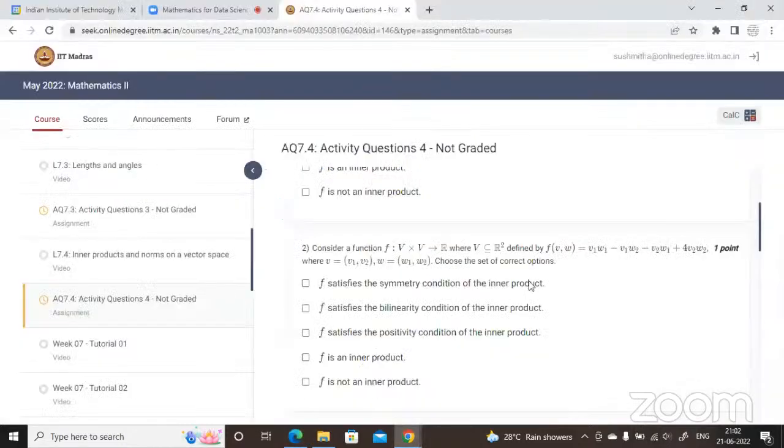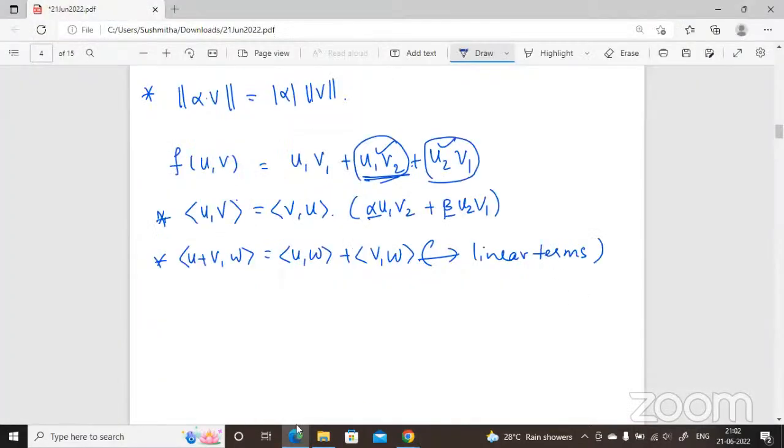So now here what happened actually, u1 v2, if I had 2 here, then the symmetry condition is violated, right? If we have 1, it's fine, no?